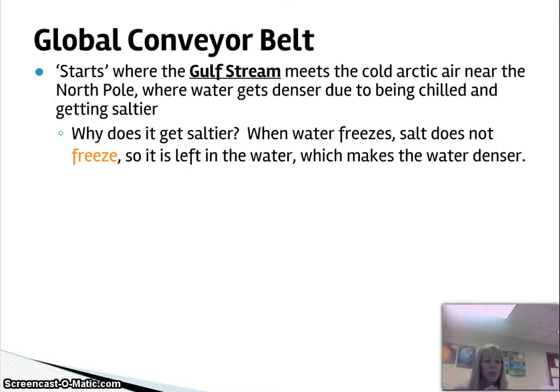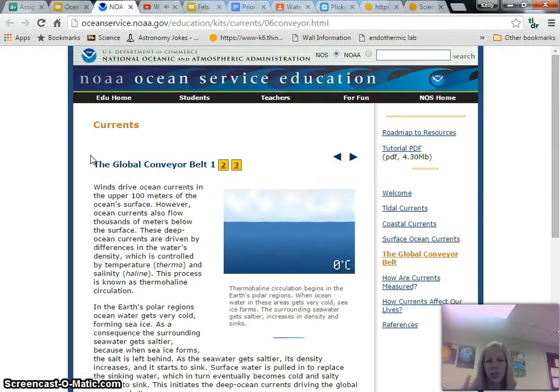So when you see frozen things in the ocean, like sea ice, those are actually fresh water. We talked about that: 2% of the water on Earth is fresh but frozen. And so that's how this happens.